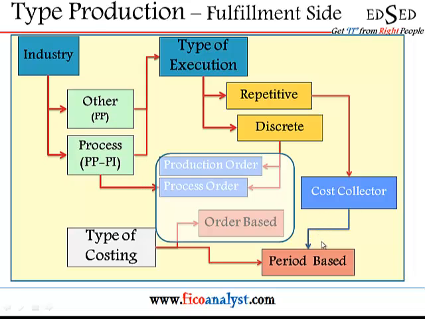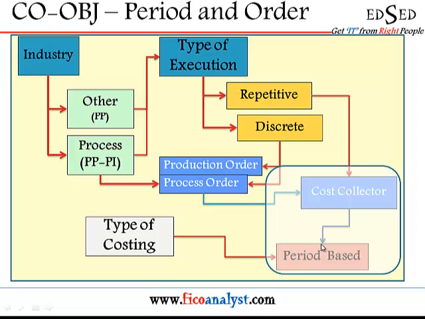Again, it is not that you need period-based only for repetitive manufacturing. Period-based can also be used for production orders and process orders, wherein the production order and process order will be linked to the cost collector, which in turn is used for period-based. So this is the type of period-based activity.